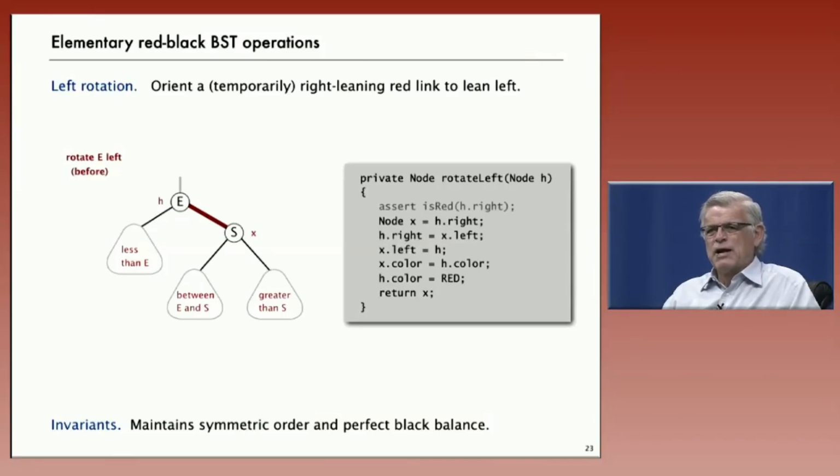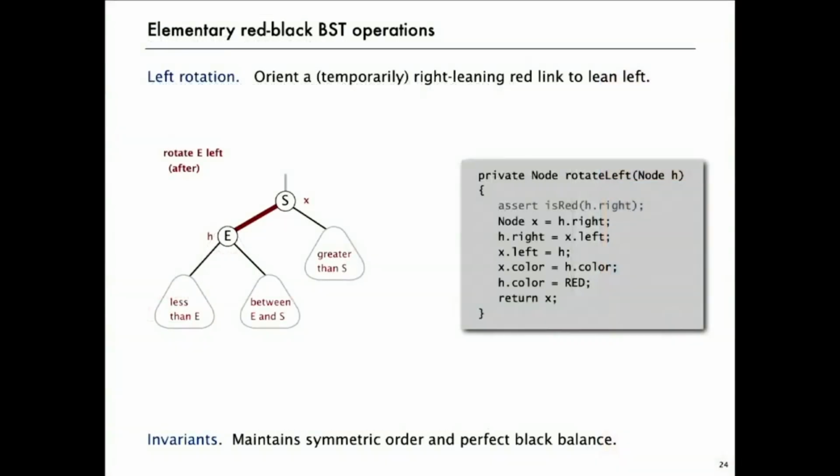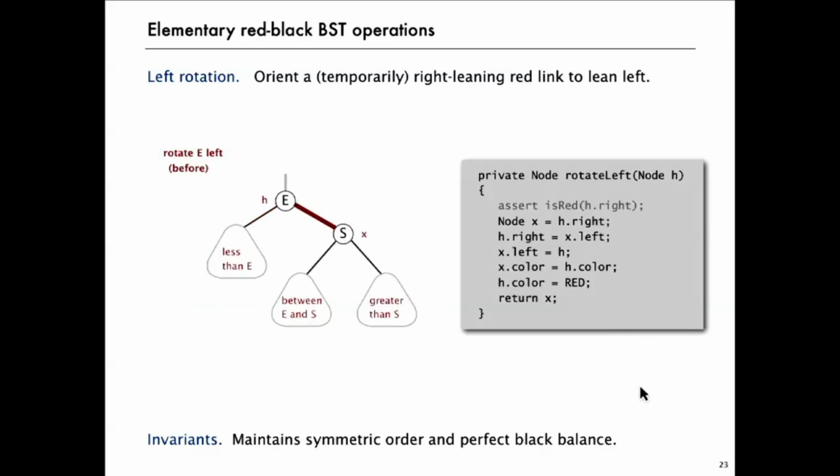So in this case, the right link of E points to S, and S is red, so that's a right-leaning red link. That's the before, and what we want to do is reorient things so that it leans to the left. And again, that has to be a local operation that only changes a few links. And just from the diagram, it's not difficult to see that this little bit of code will do the job.